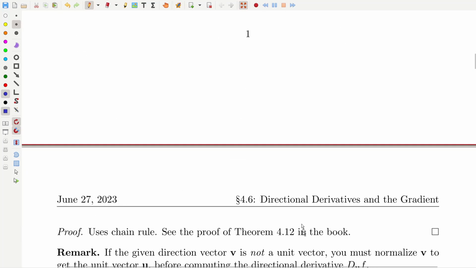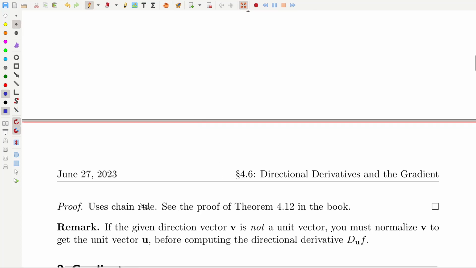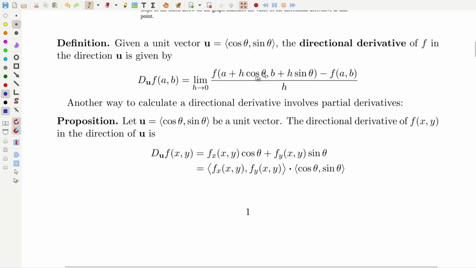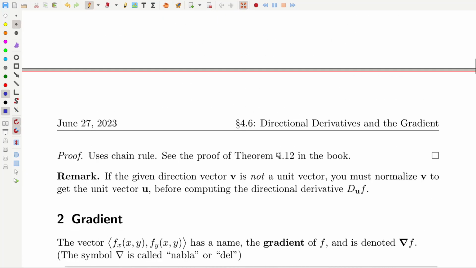I mentioned something about the proof, so I didn't want to copy it down, but it basically uses chain rule and kind of cleverly defining an auxiliary function g of t and setting up a chain rule from that, and then from that you can derive this property. So if you're curious about this at all, you can look at the proof that is provided by the book. You might need to clear up some things, and I think that there's a couple typos, but yeah.